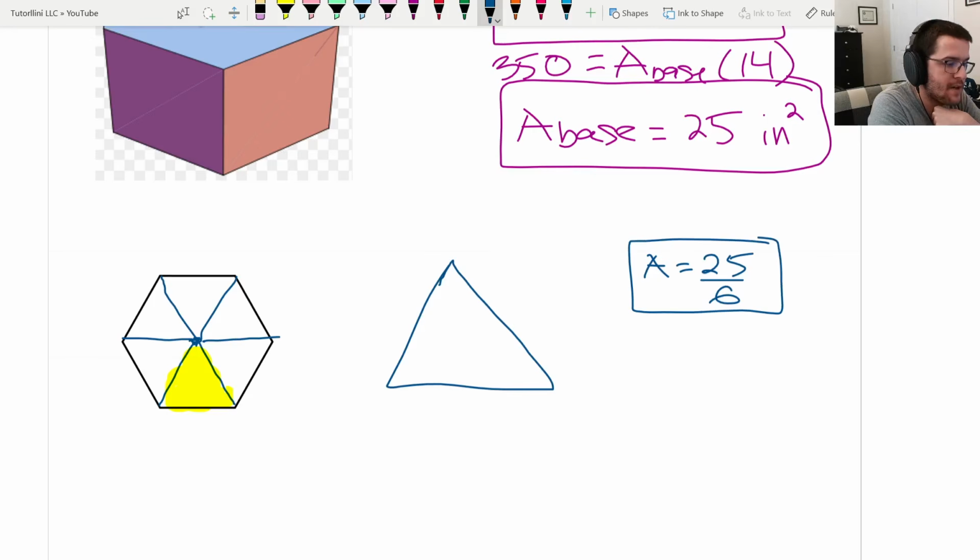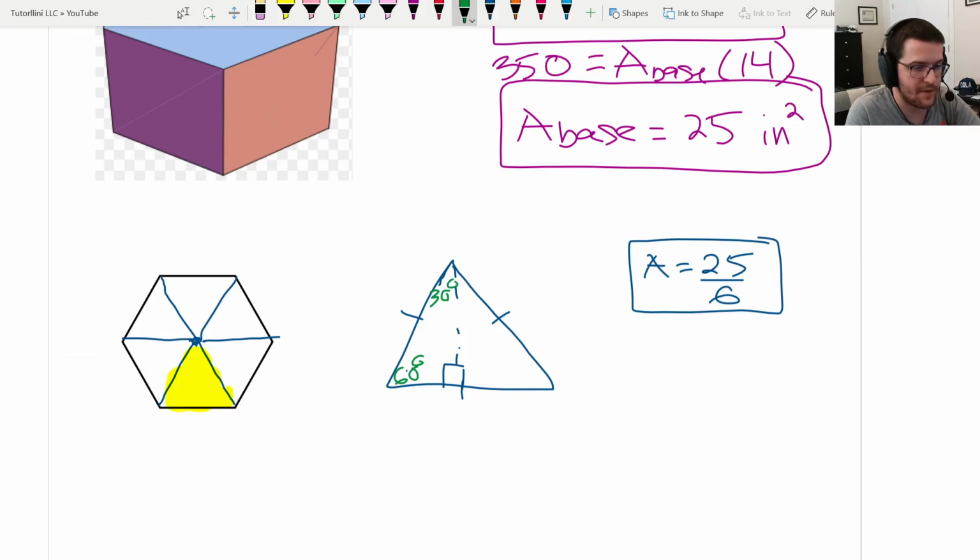Whenever we have an equilateral triangle, we're going to split it into 2, and it forms 2 30-60-90 triangles.